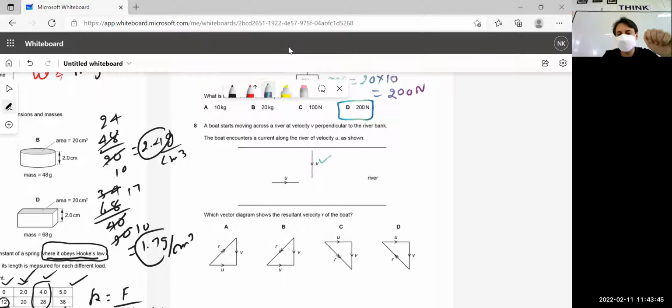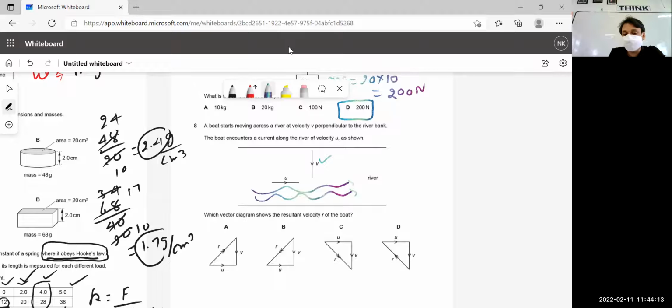So this is the direction of the boat. The boat is moving in the river with the velocity v. The river current, the water current, is below like this. So think about the situation. The boat is coming this side and the water is there. So where can you find the resultant direction, or the resultant force acting on the boat, under the influence of the water current?